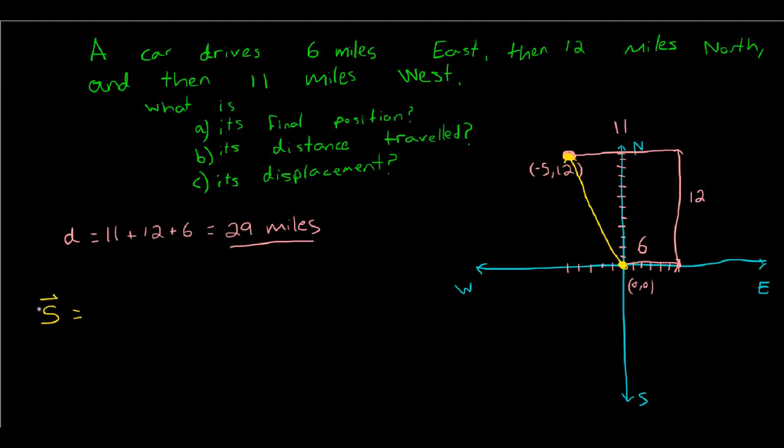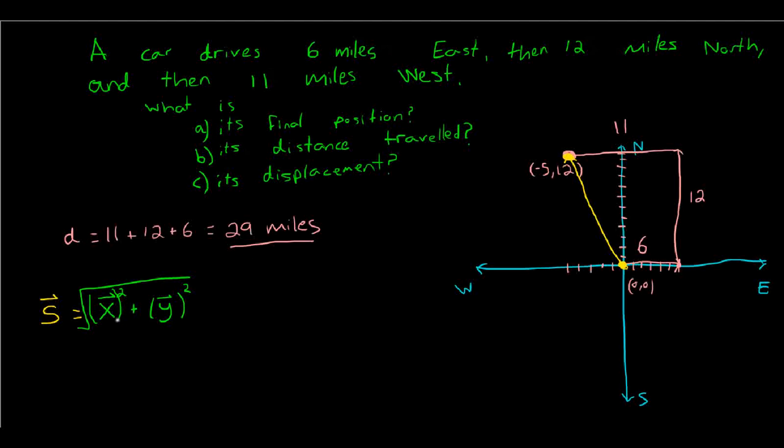The total displacement is going to be equal to the square root of the horizontal displacement, which we'll call x, and it's also a vector, squared, plus the y displacement vector squared. And this is very similar to the distance formula. I'm sure that you've used that in either Algebra 2 or Pre-Calc.